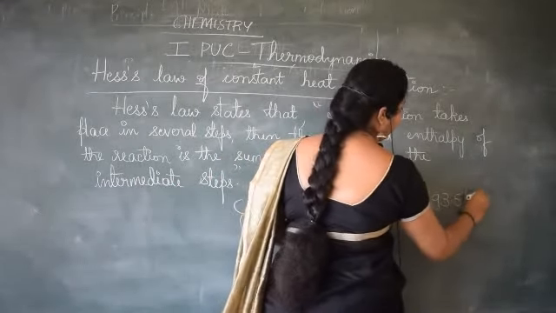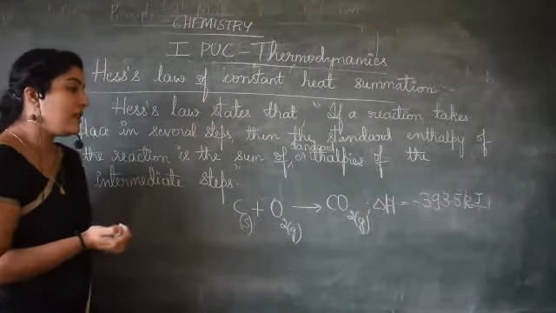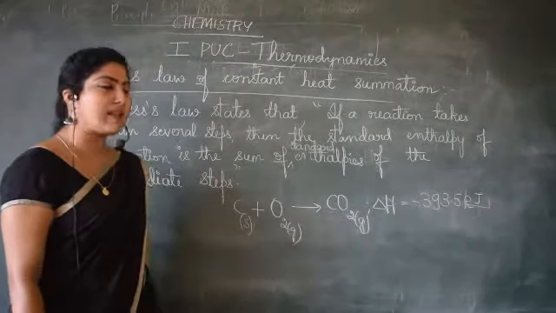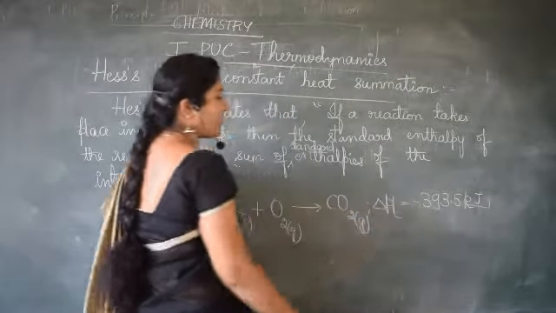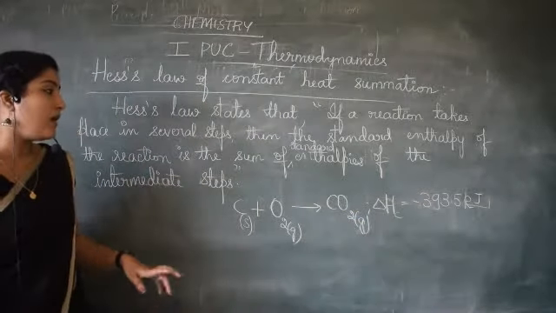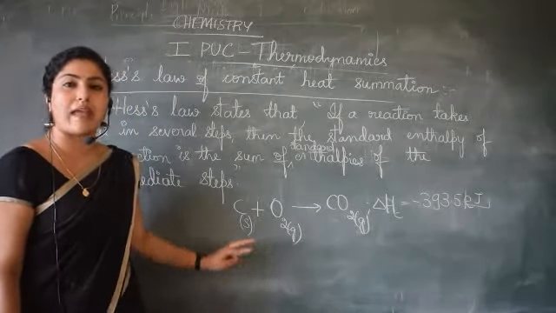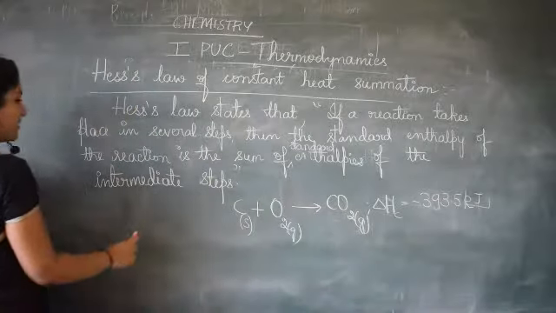Am I right? This is the enthalpy value. This is a single step reaction. This formation of carbon dioxide is a standard reaction where enthalpy of combustion is equal to minus 393.5 kilojoule per mole. If the same reaction is taking place in more than one step, the same reaction can take place in two steps.